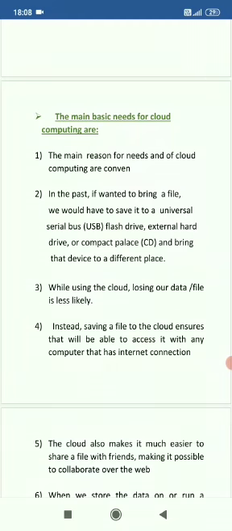In the past, if you wanted to bring a file, you would have to save it on a USB flash drive, external hard drive or compact disc and bring that device to a different place. But now, once we have stored the information in the cloud, we can use that information in any place. While using the cloud, losing our data or files is less likely.